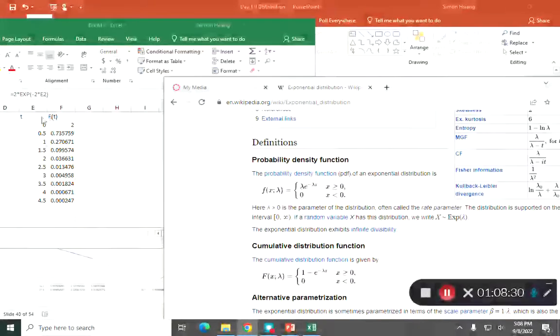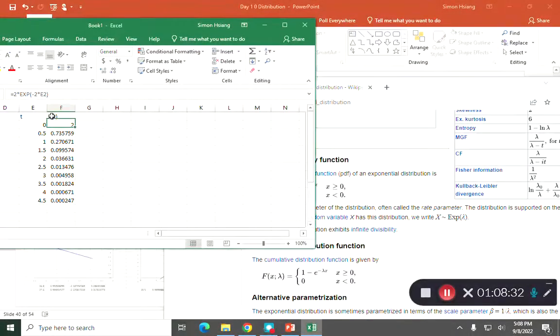Oh, that's the density. I need to find FT equal to 1 minus, and not this part.